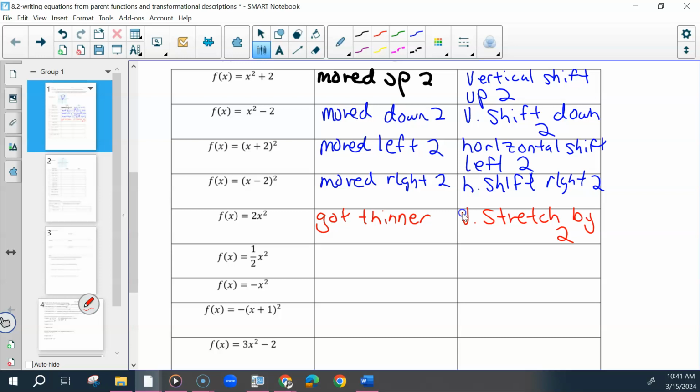So what do we think the next one might do? Get wider. So I'll graph that first.